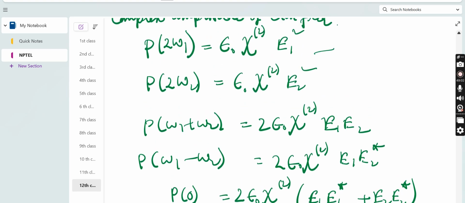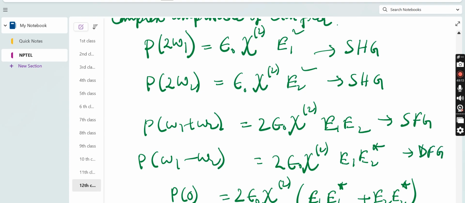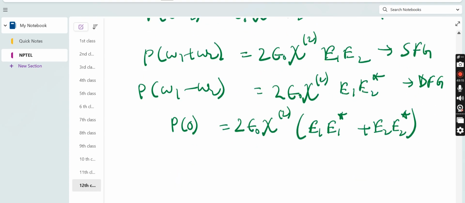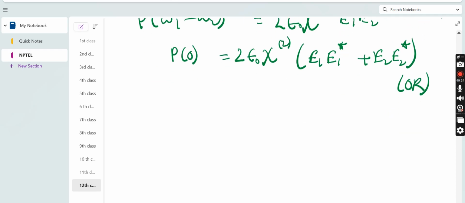So these two are second harmonic generation, this is sum frequency generation, this is difference frequency generation, and this is optical rectification. Similarly, we have negative non-zero frequencies also.